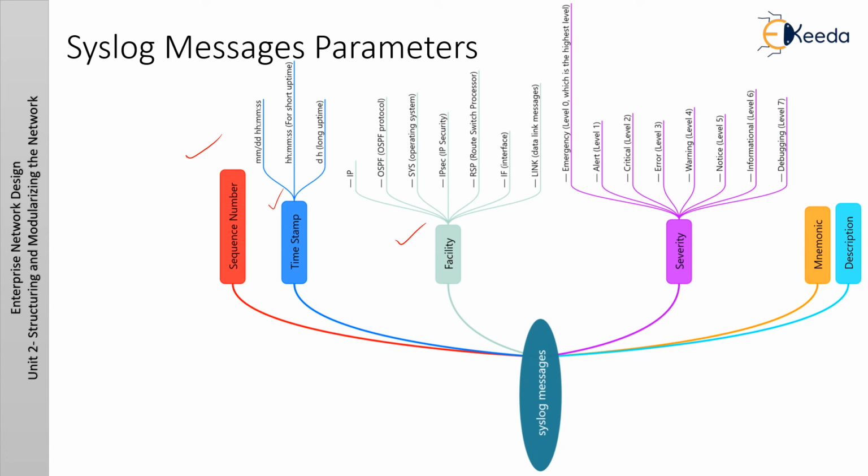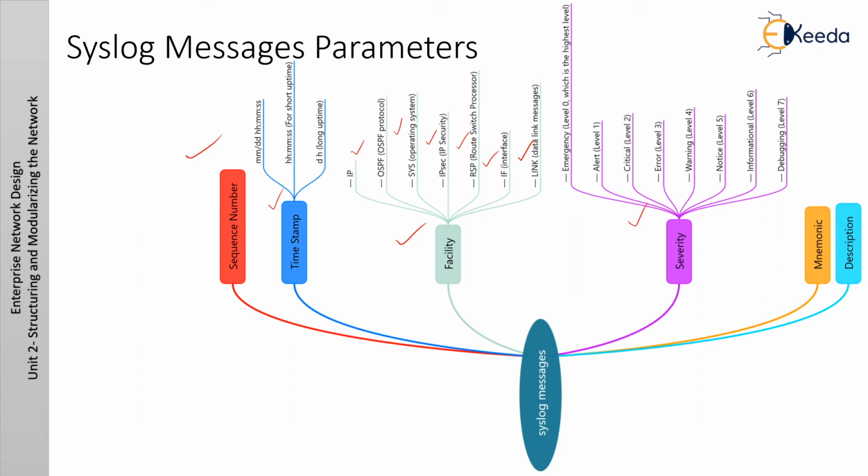The Cisco IOS software has more than 500 different facilities like IP, OSPF, SYS, IPsec, RSP, and link. These are the different facilities. Other facilities include CDP, QoS, RADIUS, Multicast, MLS, TCP, VLAN, VTP (VLAN Trunking Protocol), Telnet, and Trivial File Transfer Protocol. Now come to severity.